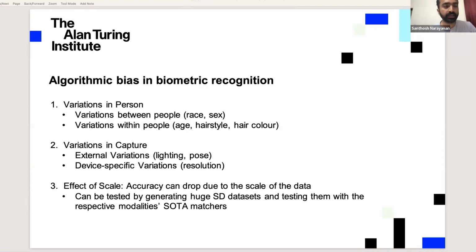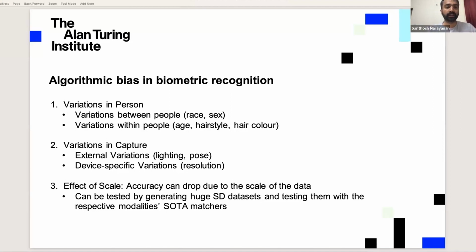These may be due to variations that exist between different groups of people, defined by their race or sex, for example. It may also be due to a person being misidentified because they have changed their hairstyle or even hair color. So these are all possible sources of misidentification.